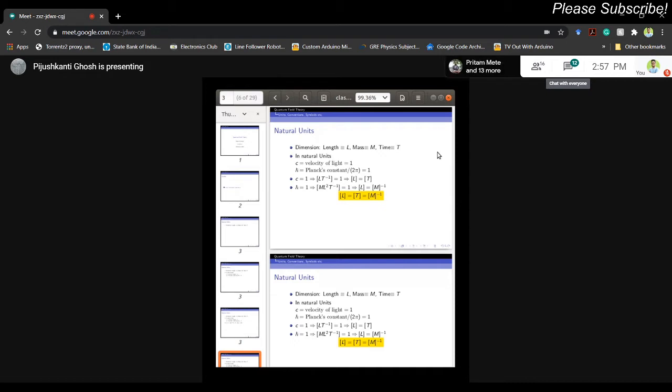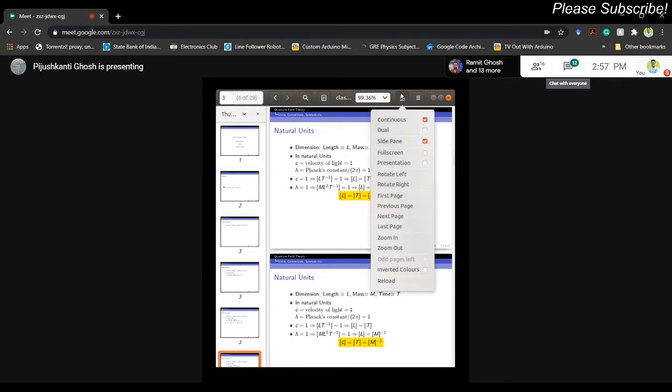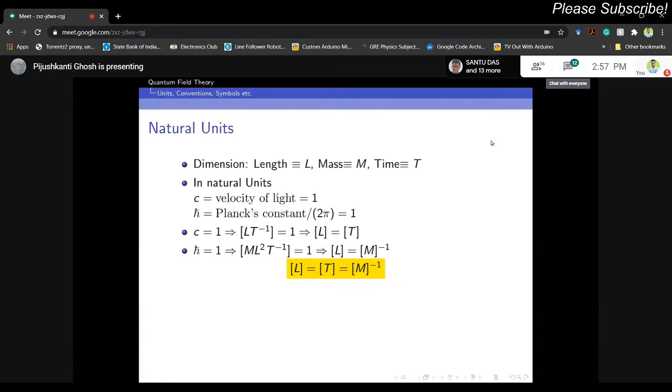Okay, now as you can see that, dimension of angular momentum is M L square T minus 1. We already know that L and T have the same dimension, so you are left with ML, and that has to be equal to 1.